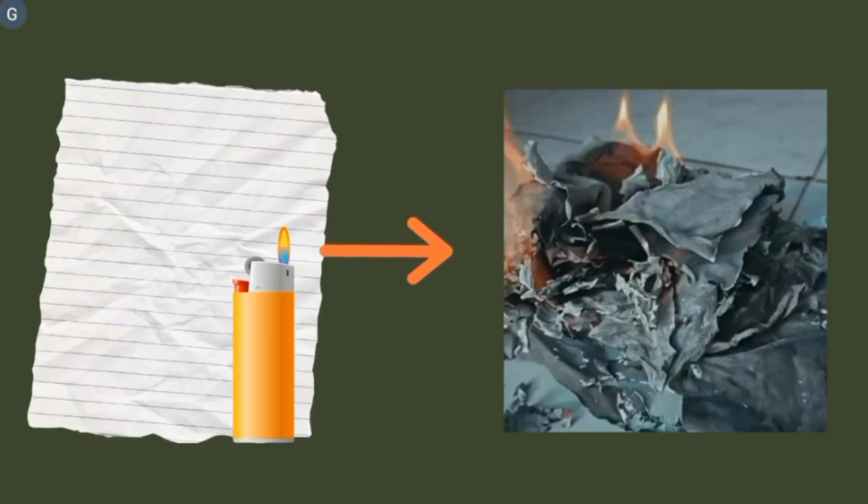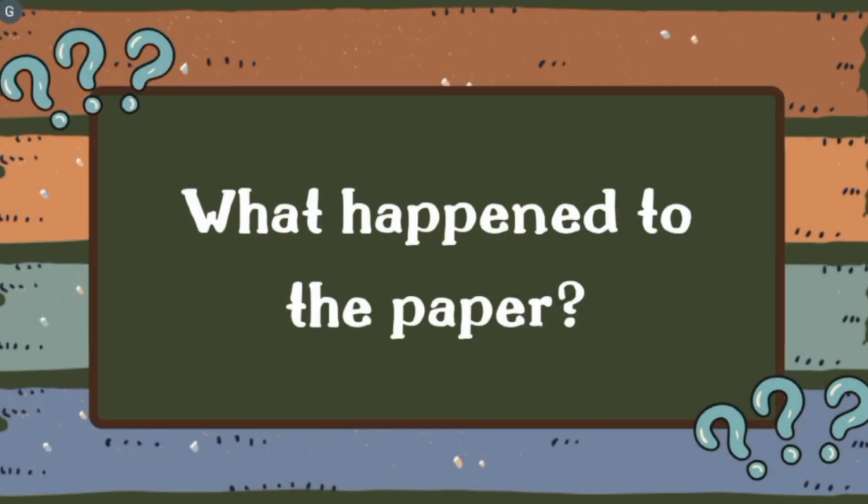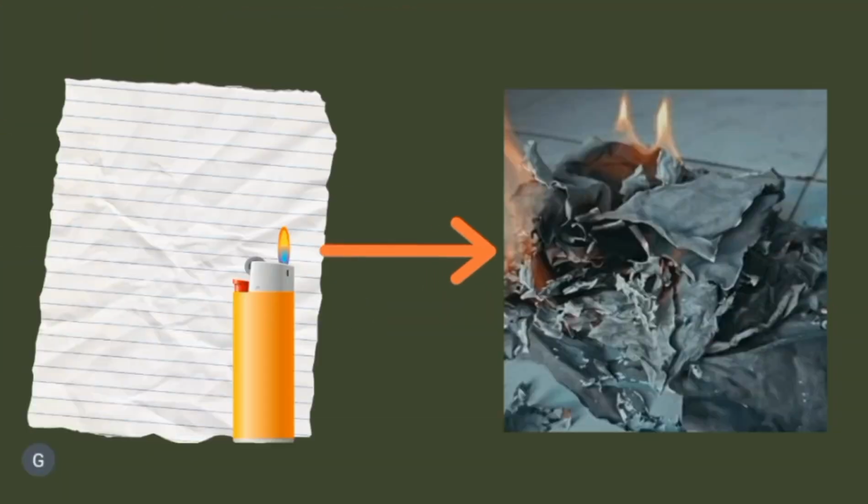Now, what if we're going to burn the paper using matches or lighter? What will happen to the paper? Exactly, Miss Maltas. The paper will burn and turn to ashes. There is a change in its composition. There will be a new matter form from paper to ashes.